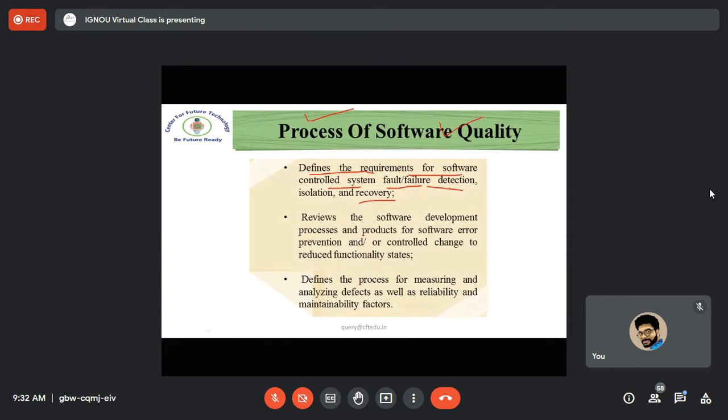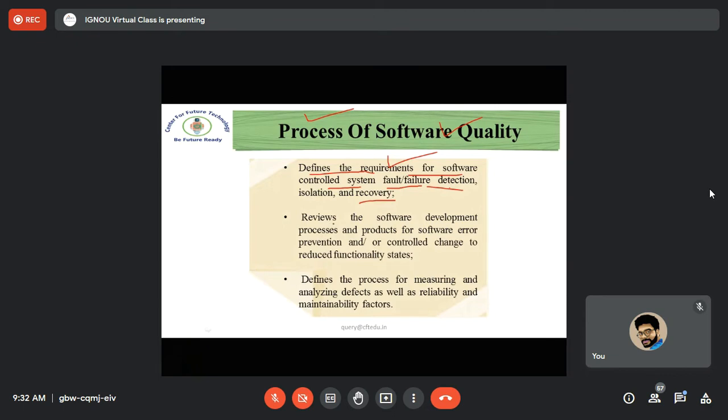The software quality is a cumulative sum of various factors which are interdependent on one another. So the process of software quality starts by reviewing the requirements of the software first, and then we get to know that as per the given requirement, the software should not show this kind of scenario or fault or failure at all.